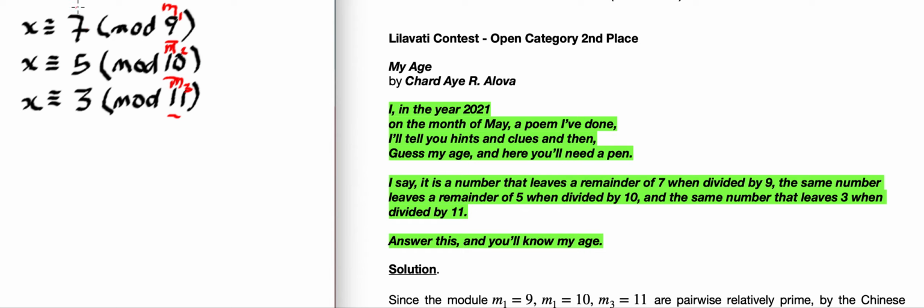We call these our a sub i. So a sub 1 is 7, a sub 2 is 5, and a sub 3 is 3.